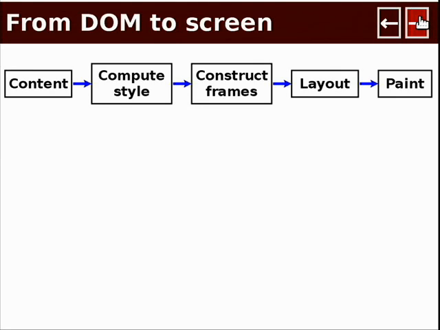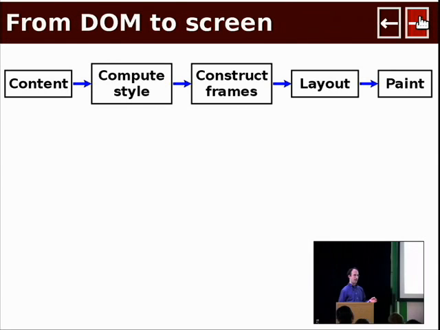So the next thing I'm going to talk about is CSS Selector Matching, which from an algorithmic perspective looks like it ought to be a bit of a performance hotspot, although it actually ends up not being that bad in most cases because of the way we optimize it.